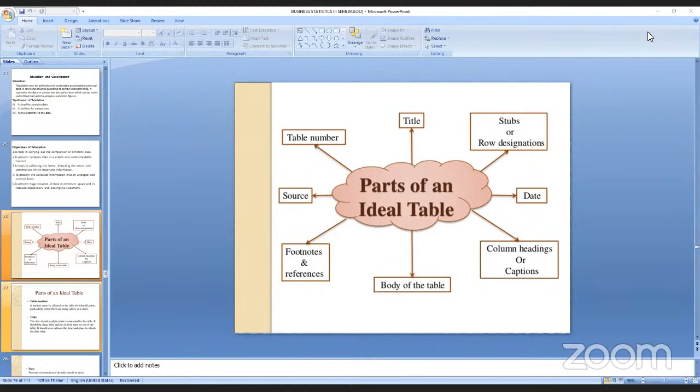The next are the stubs or row designation, column head or caption, body of the table, footnotes, and the references, source, table name. So these all are the parts of the table. Take a screenshot, ma'am. It's very important. Either it comes in the long answer or in the short one. Done, ma'am.